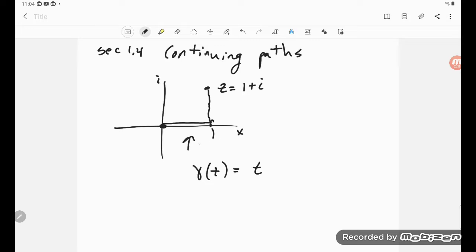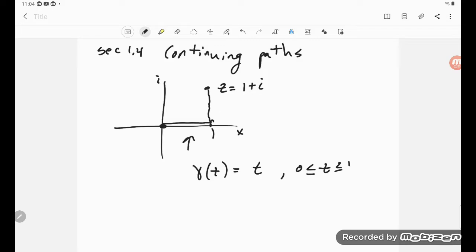And so that, I would very easily describe as 0 to t from 0 less than or equal to t less than or equal to 1.